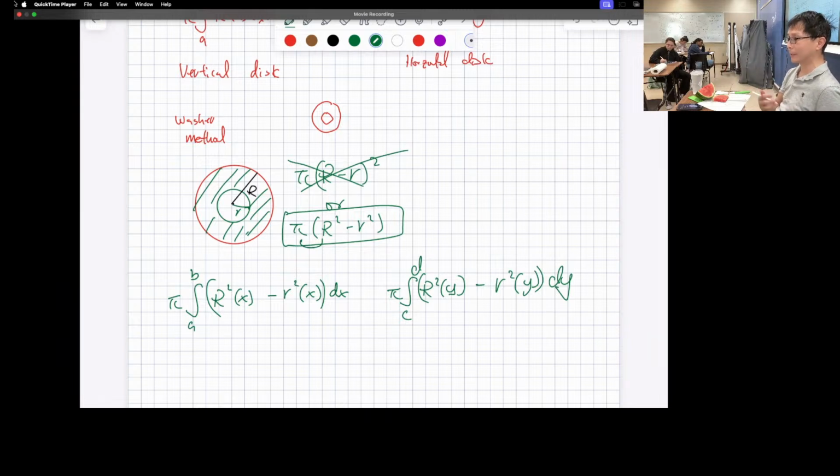What does this mean? This means, hey, I decide to use this shape, and I don't want to rotate it as a disk. I decided to say, well, I want to cut off one part of the function. So we're going to cut off that one part of the function.